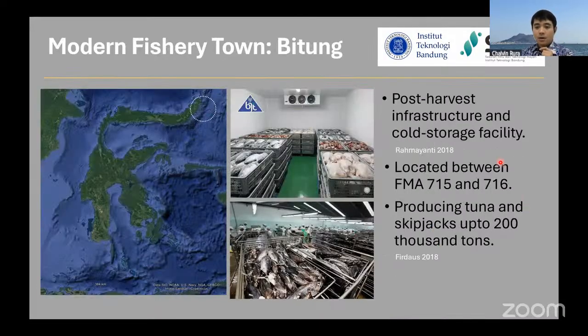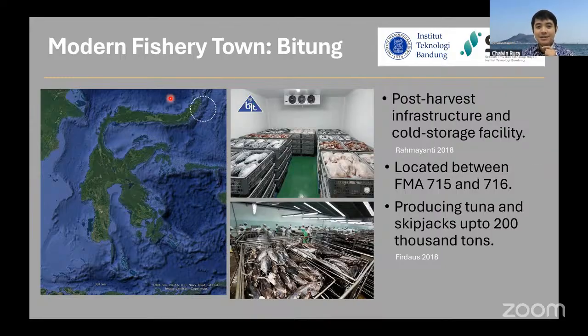And what makes FMA 715 have a very high production of tuna is because of a modern fishery town, Bitung. Bitung is located at the north of Sulawesi Island. Again, this K-shaped island. I think you're probably much more familiar now with this particular island in Indonesia because of its strange K shape.